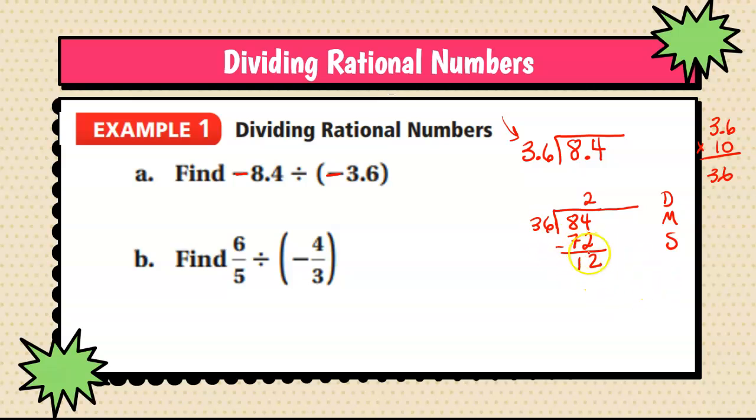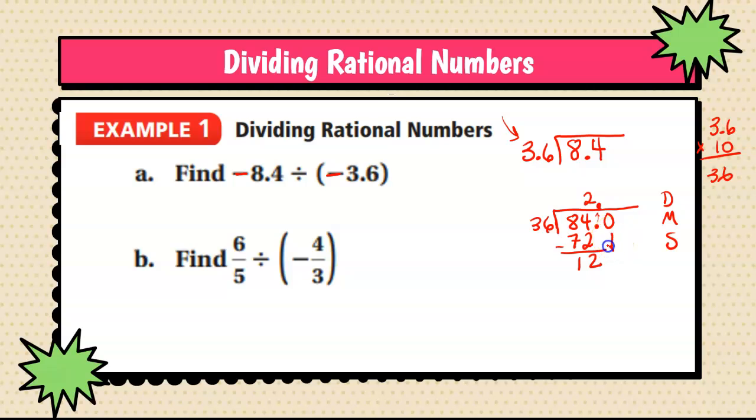One thing you want to check for: if this number were bigger than 36, then I would know that I could divide another 36 into that 84. But since it's a 12 and that's less than 36, we're okay. Now I have subtracted, and I don't have anything to bring down here. I'm actually going to add a decimal and add a 0. And since I added a decimal in my problem, I'm going to add a decimal to my answer right above it.